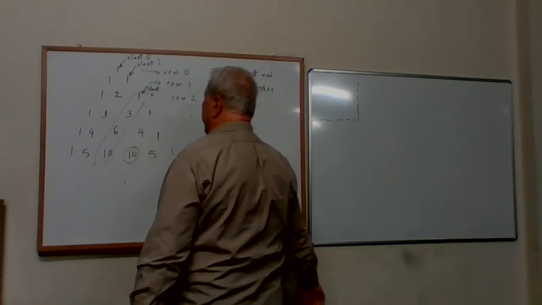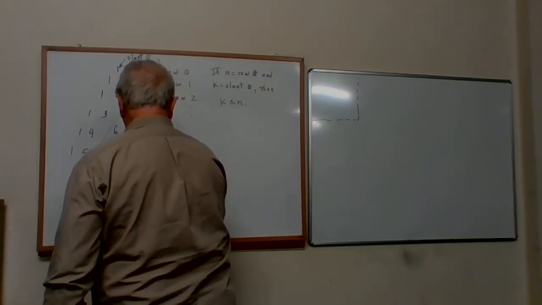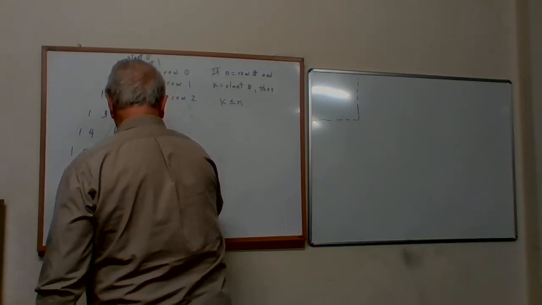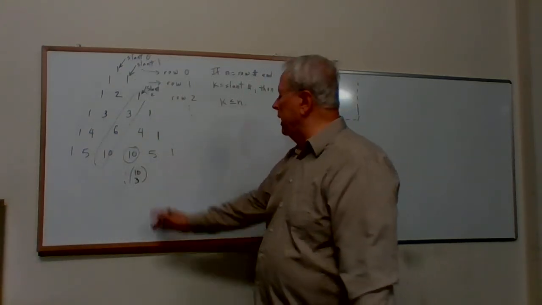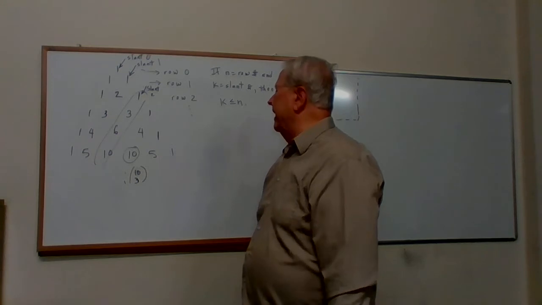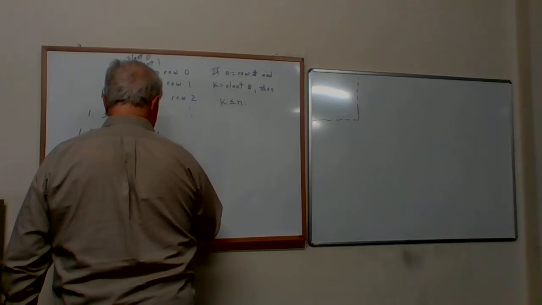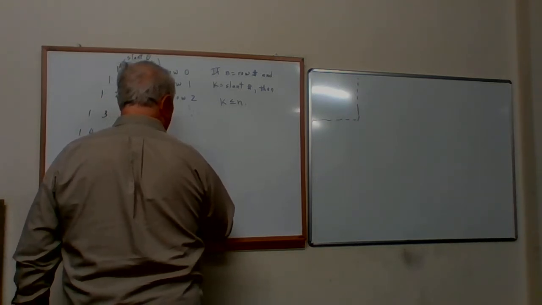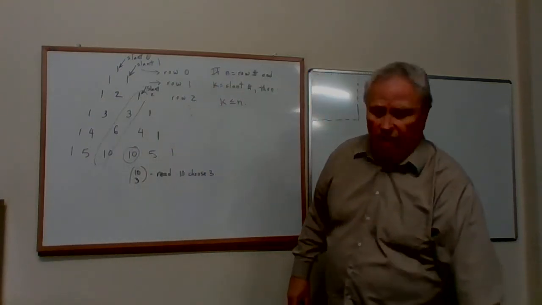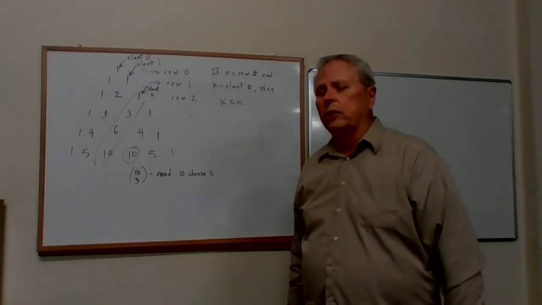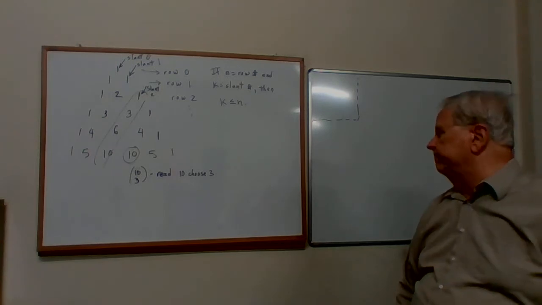So row 5, slant 3 is 10. That's going to be notated as 10 with a 3 under it, no line, it's not a fraction, and it's read ten choose 3. And we'll be finding out during the course of this lecture why I call it 10 choose 3. It's a combinatorial coefficient, however, and we're going to be dealing with it quite a bit.